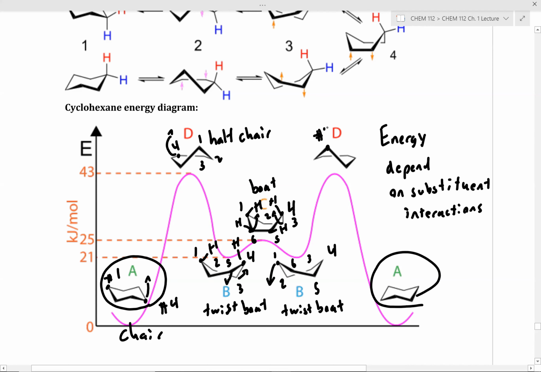And so now carbon number 4 is the carbon that's pointing up above the plane. To complete our ring flip process, we're going to bring carbon number 1 down once again. And now we have carbon number 1 here and carbon number 4 here.